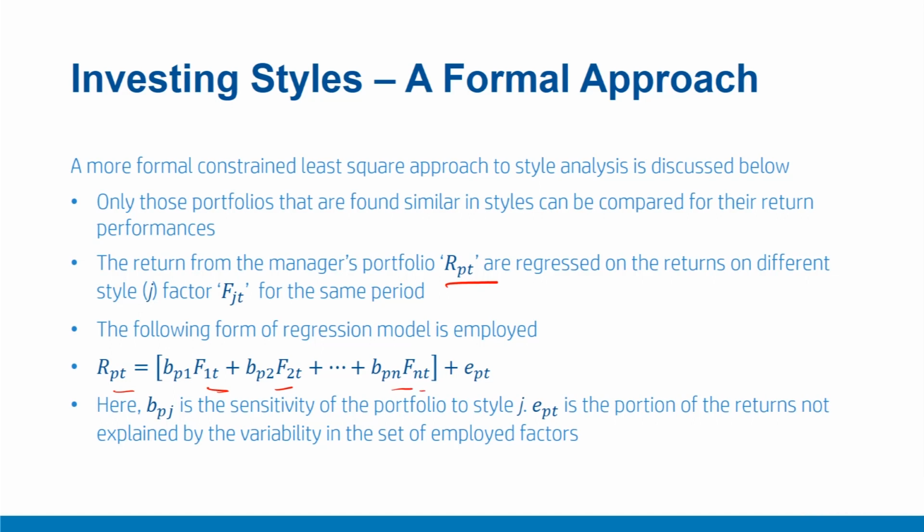These are style factors, and BP1, BP2, and so on are the sensitivities of the portfolio to these factors. EPT is the error or residual term, which is the part of the return of the portfolio which is not related to any of these styles and not explained by any of these factors.